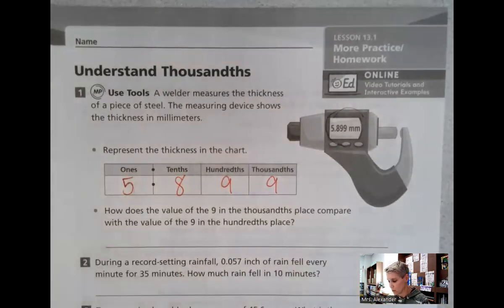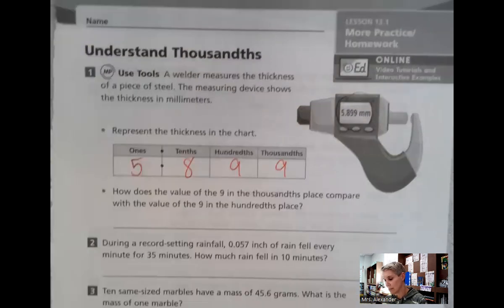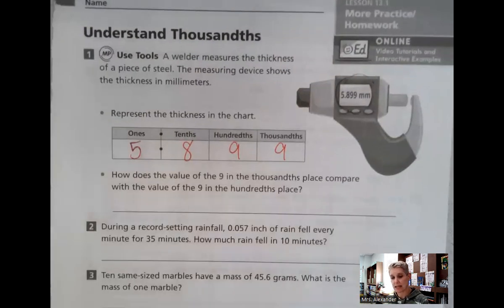It says, how does the value of the 9 in the thousandths place compare with the value of the 9 in the hundredths place? So we talked about that. They have different values in different places. How do they compare? So let's think about greater than, less than, and those words we said in class.